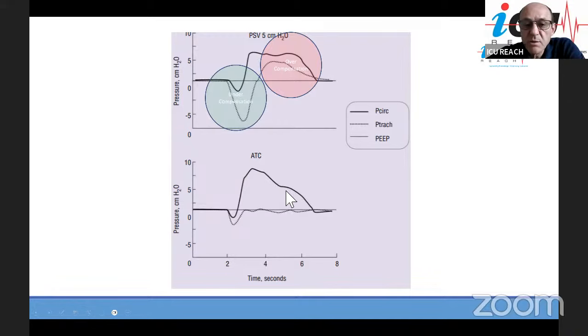As the flow goes down, there's no need for too much pressure. So you can see the automatic tube compensation pressure, or the pressure support, is decreasing. So we have a pressure support that started at 8 to 9 centimeters of water in early inspiration, but at the end of inspiration, it goes very low and then reaches zero here. And you can see the patient is not doing much effort here. So in other words, he's very well compensated.